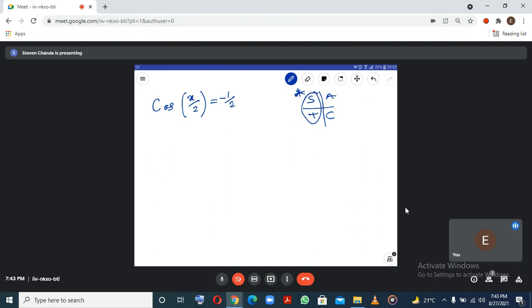So again, like I said, treat that as 1. When you treat that as 1, what should be the value of theta? Anyone?